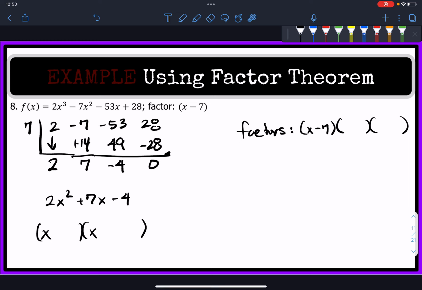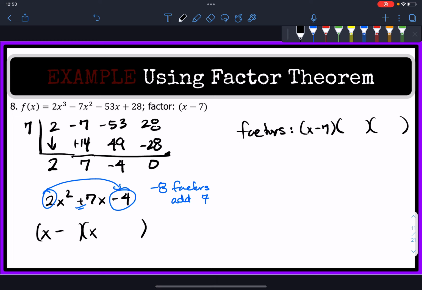Now for this type of quadratic trinomial, the technique here is to multiply the leading coefficient with this last number right there, which is negative 8. So we're looking for factors of negative 8 that are going to add up to a positive 7. Again, because I need a negative, I know that the numbers have to be different signs.